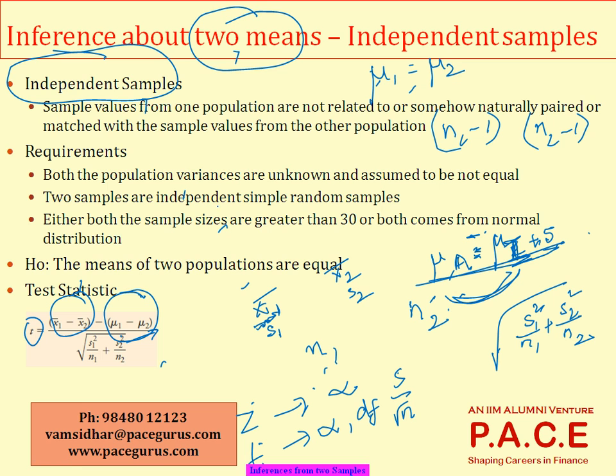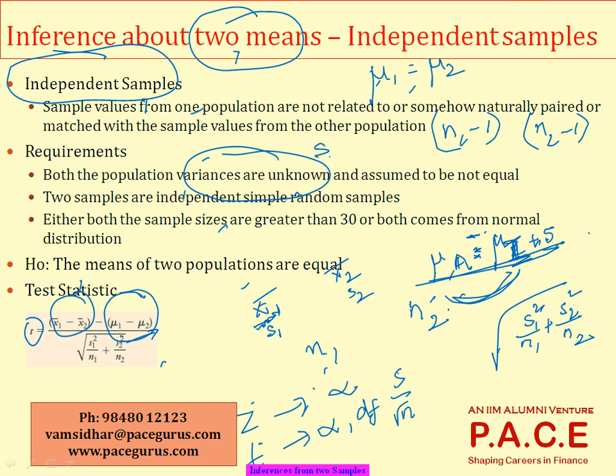And a few more things I have to make sure of: I should not know the variances of the populations. No idea about the population variances or standard deviations, so that's where we are using s. We are computing it from our sample, and at the same time we are using the t distribution, because we cannot use the z distribution if the population variance is not known.